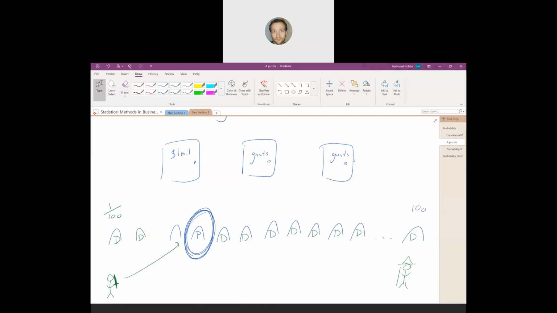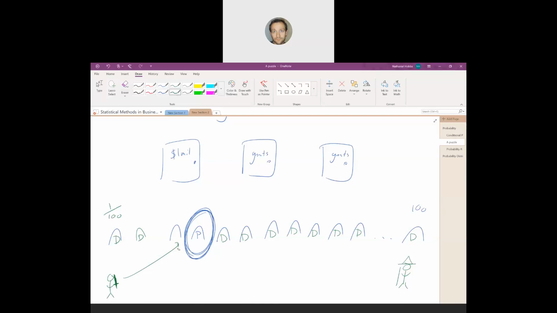And after the wizard speaks to the knight, the chance of being correct on the first choice that he made doesn't change. But the door that he has a chance to switch to, how to say this?